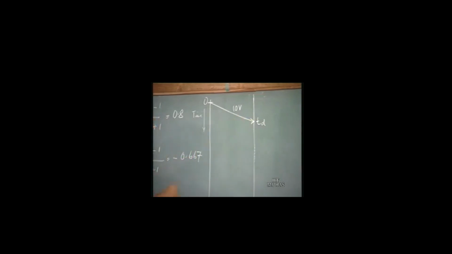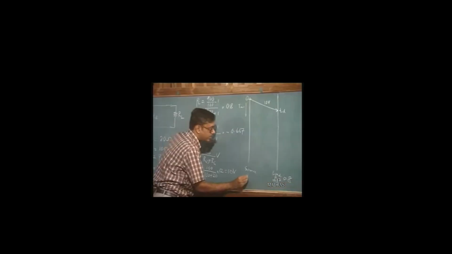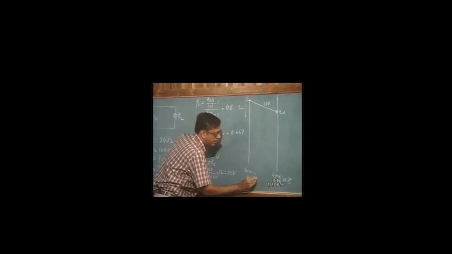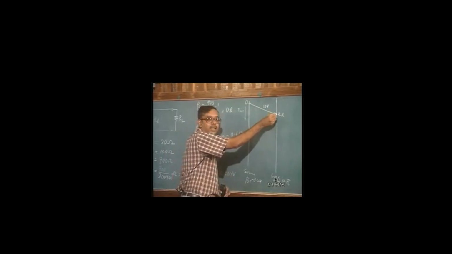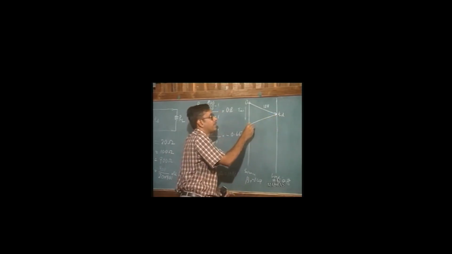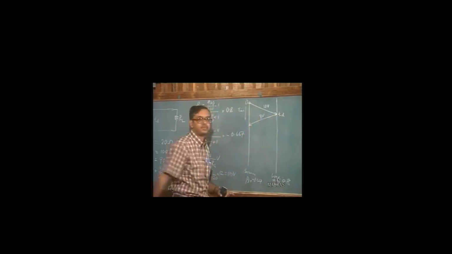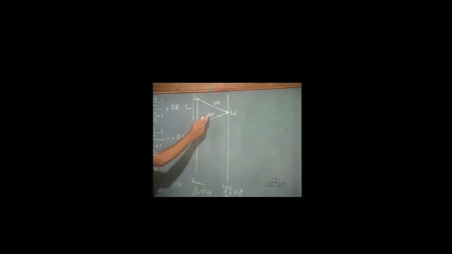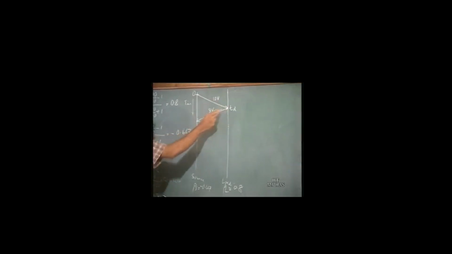The reflection coefficient at the load end, rho L, is 0.8, and at the source end, rho S is minus 0.667. So the reflected wave is 0.8 times the incident wave, which is 8 volts. This 8 volts, 0.8 times 10, gets reflected and reaches the source end at twice Td.